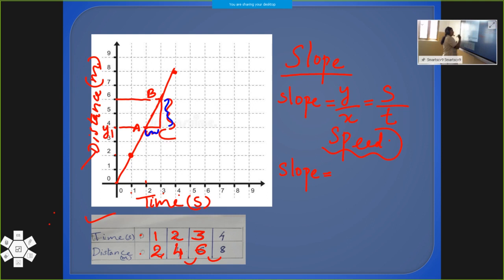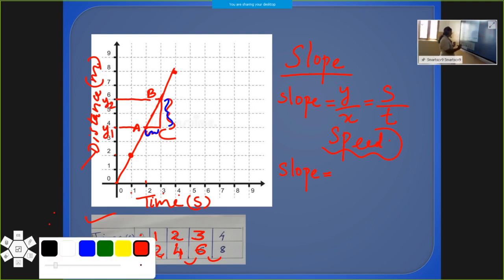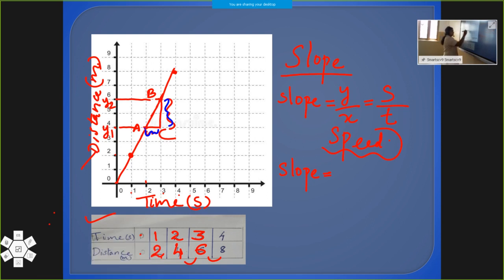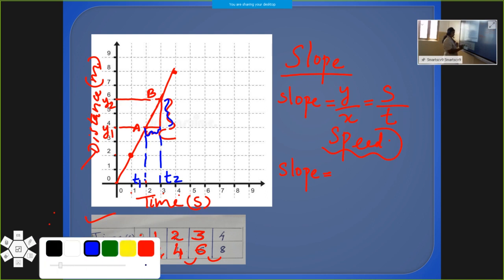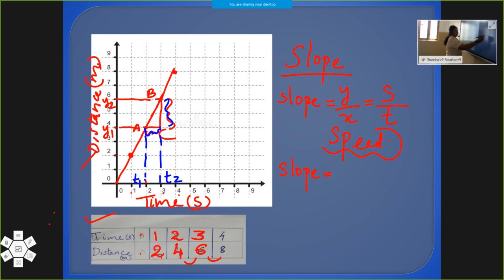So, here this is y1 and this is y2, and this is t1 and this is t2. Slope is BC, that is y, divided by AC, that is x.